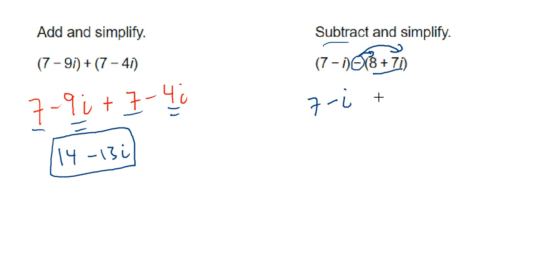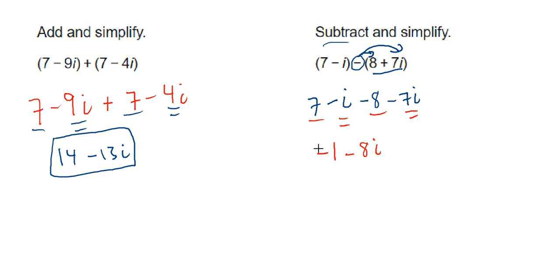So we distribute the negative sign, we'll get negative 8 minus 7i. And then we combine like terms. So after you distribute the minus sign, combine like terms just like in the last problem. 7 minus 8 will be negative 1. And then negative i minus 7i, just like negative x minus 7x, it's going to give me negative 8i.